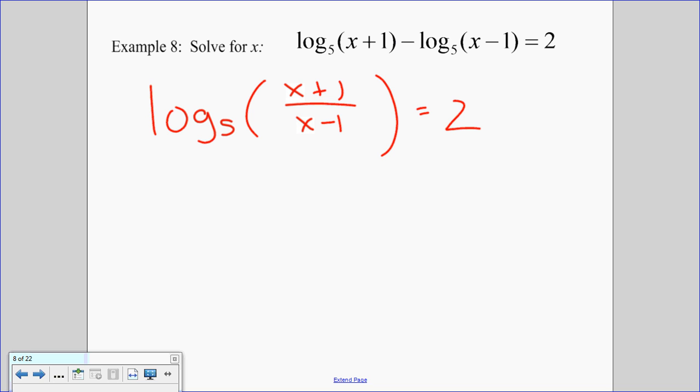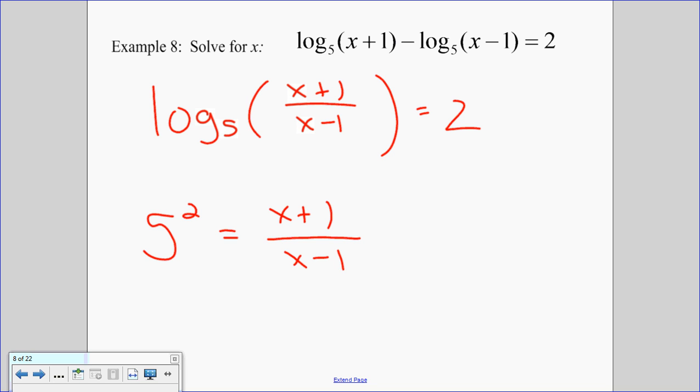Let's change that to an exponent now. The base is 5. The power is 2. 5 to the second. In fact, I wonder if I can just do this. So 5 to the second equals x plus 1 over x minus 1. So we're not left with a quadratic. What type of equation are we left with?